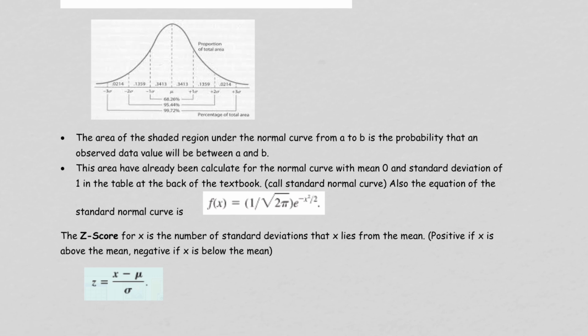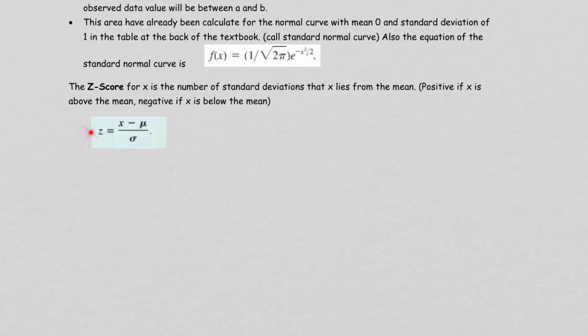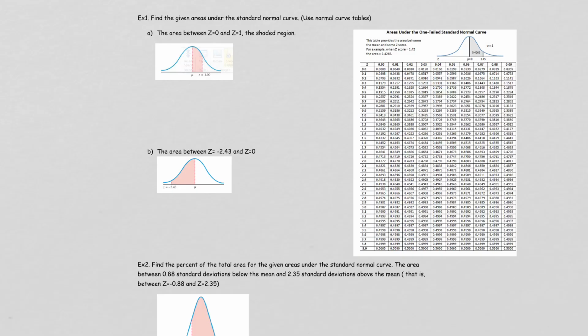And here is the formula, how to find the z-score using the mean and standard deviation. Okay, let's look at example 1 and see how we're going to use this normal distribution to find the probabilities. So here you have: find the given area under the standard normal curve.